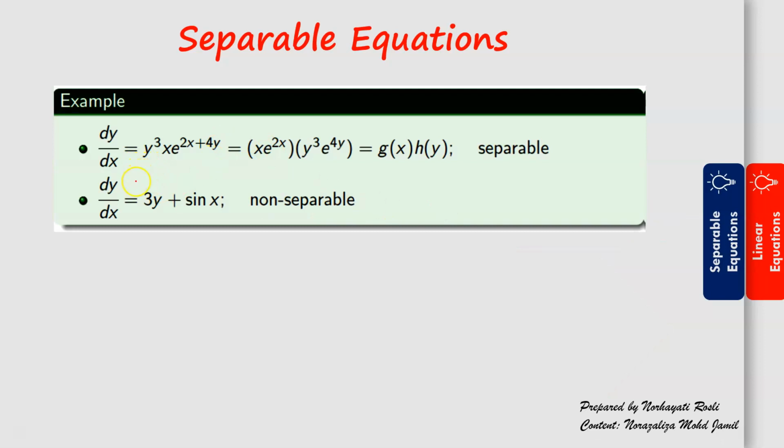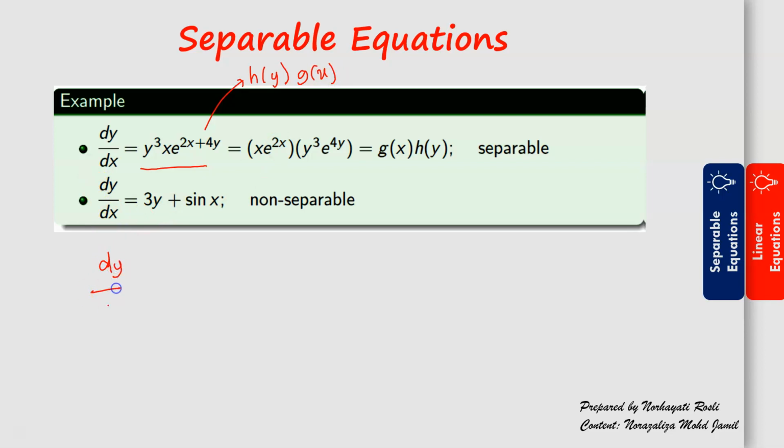In this example, you need to identify whether these two differential equations are separable or not. We look first at dy/dx equal to y to the power of 3 x e to the power of 2x plus 4y. In this case, can we write this equation in terms of h(y) multiplied by g(x)? Let's resolve this one.